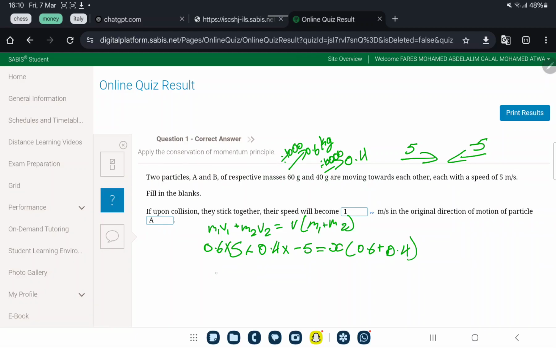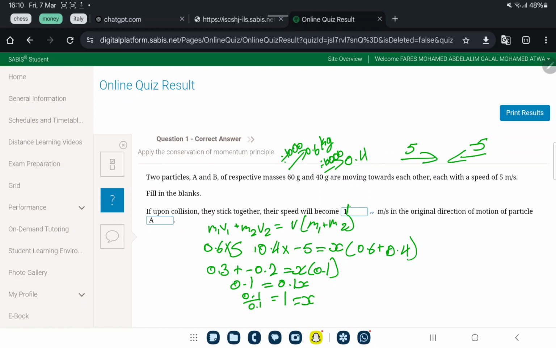0.6 times 5 is 3, plus minus 0.2 equals x times 0.1. So 0.1 equals 0.1x. You move it to the other side, 0.1 over 0.1 equals 1, and it equals x.